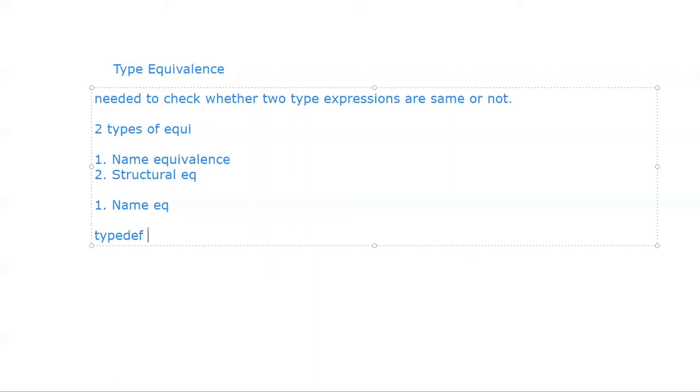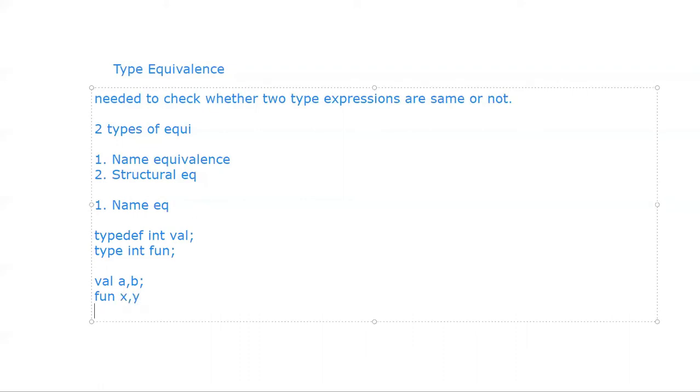So I have declared typedef integer val, and then I have declared typedef integer fun. This example we are taking in C language, right? So I have declared two variables of type val, and two variables of type fun.